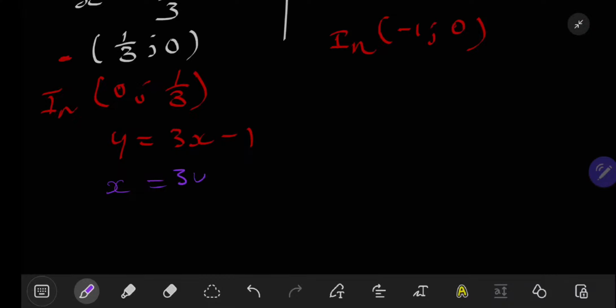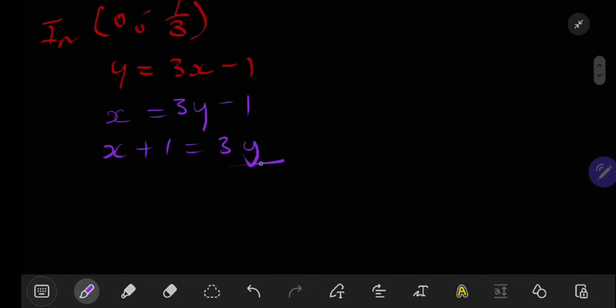So x equals 3y minus 1. Then we need to make y the subject of the formula. We take the 1 to the other side, and we have x plus 1 equals 3y. Then we divide both sides by 3, and we remain with y equals (x plus 1) divided by 3.